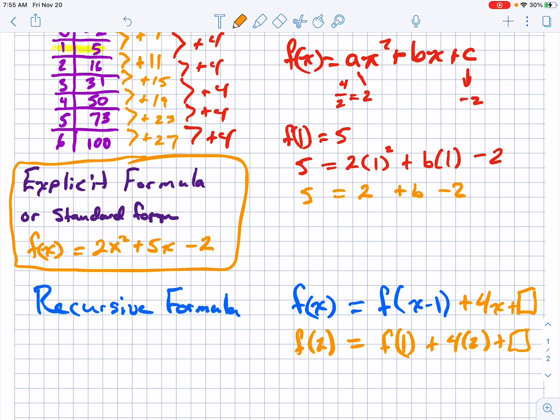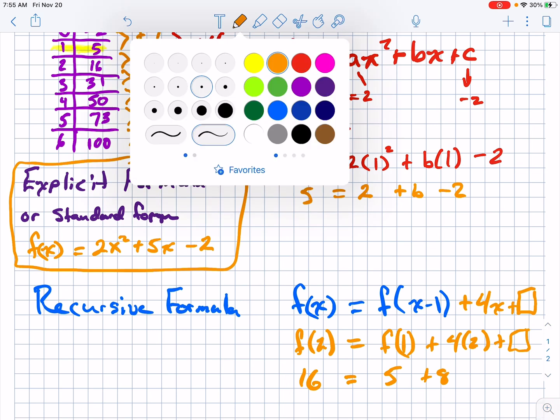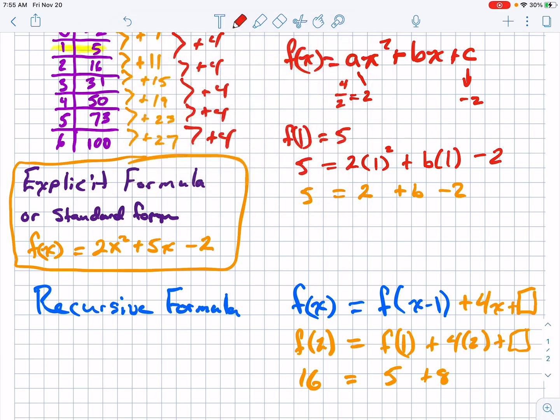We need to figure out what that is. f of 2 is 16. f of 1 was 5. 4 times 2 is 8. So I need 3 more to make 16. So then my recursive formula: f of x equals f of x minus 1 plus 4x plus 3.